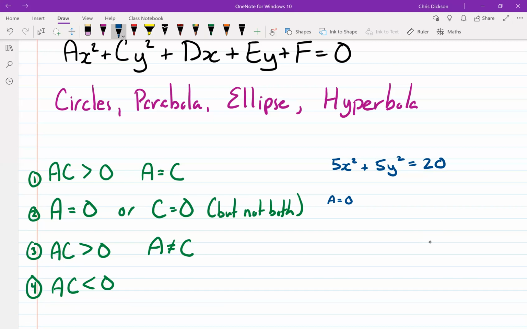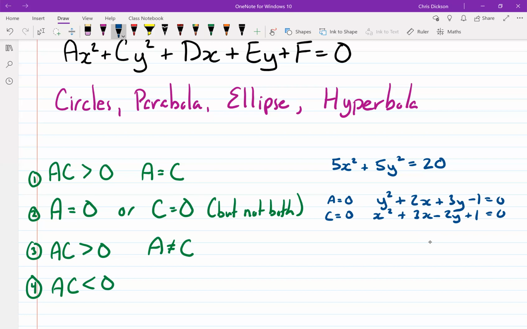So that means you'd have something like y squared plus 2x plus 3y minus 1 equals 0. Or if the C value equals 0, then the y squared would be gone, and maybe you'd have x squared plus 3x minus 2y plus 1 equals 0.